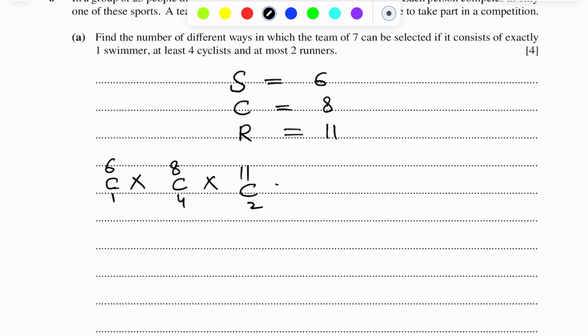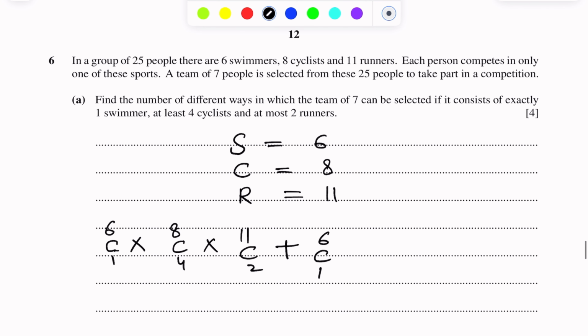The second option will be 6C1. This is fixed because we can take only one swimmer. At least 4 cyclists, here we can take 8C5 also.